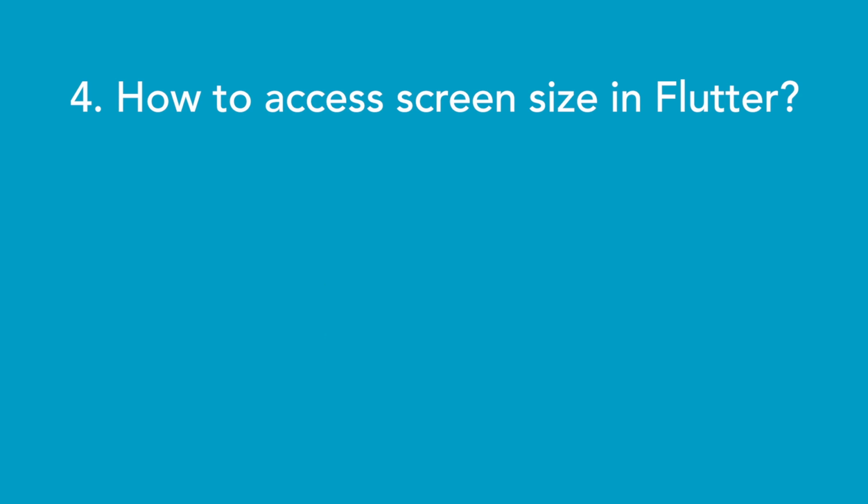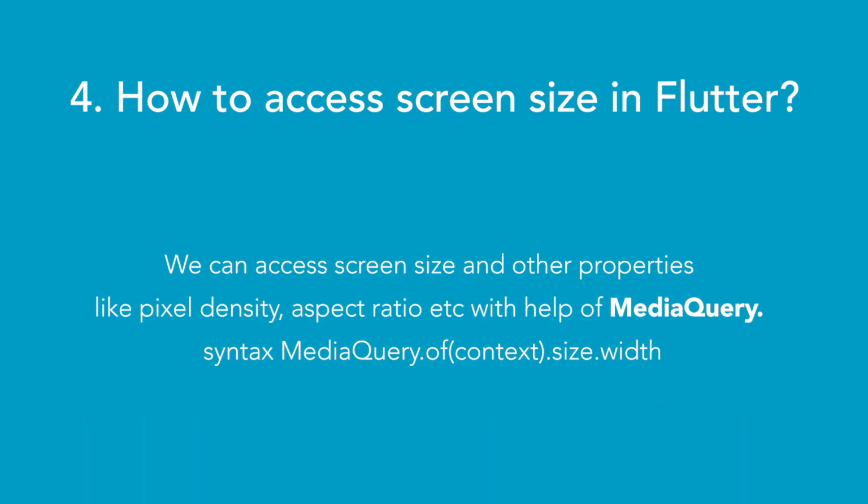So the question is, how to access screen size in Flutter? The answer would be, we can access screen size and other properties like pixel density, aspect ratio, etc. with the help of MediaQuery. The syntax would be MediaQuery.of(context).size.width.